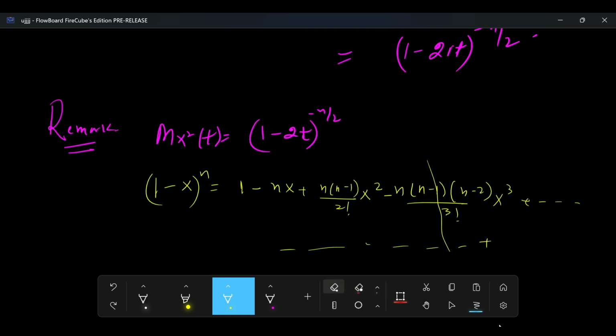So this is the expansion, and I am using this expansion here.